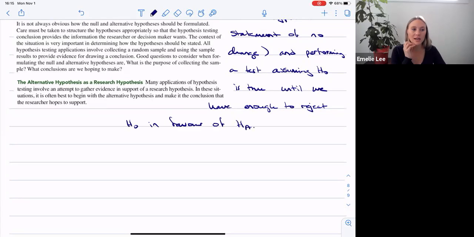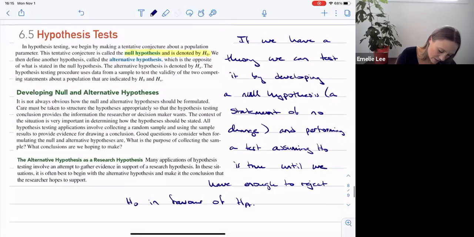I like to use a capital A because my lowercase a's tend to look like zeros and that gets confusing, but HA is just the alternative hypothesis.